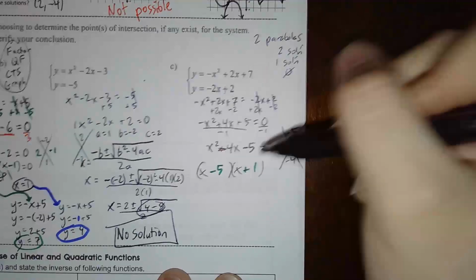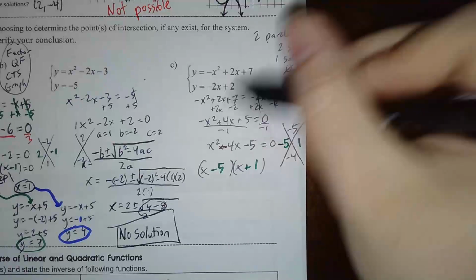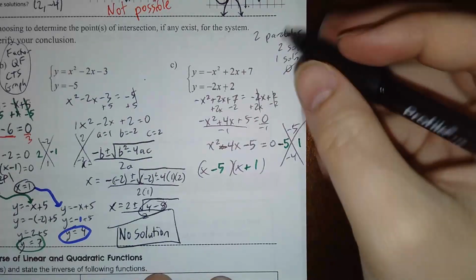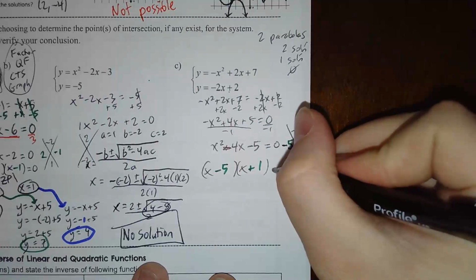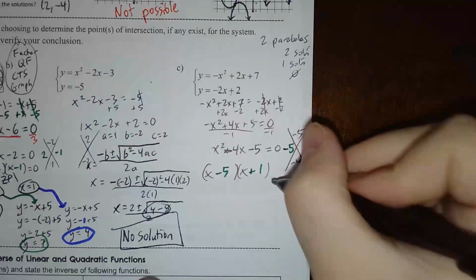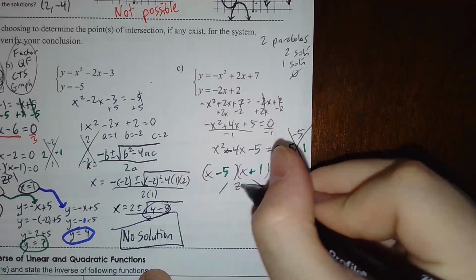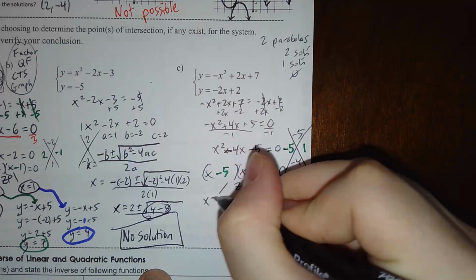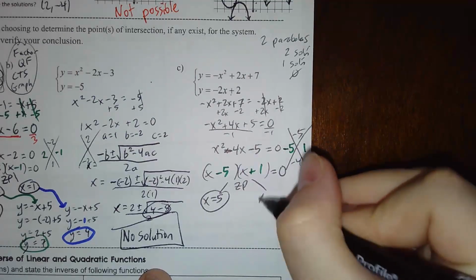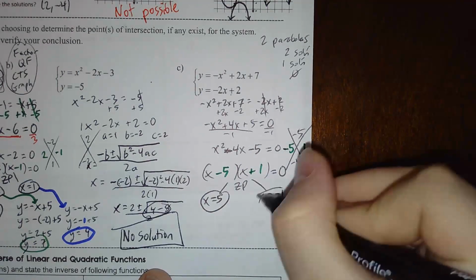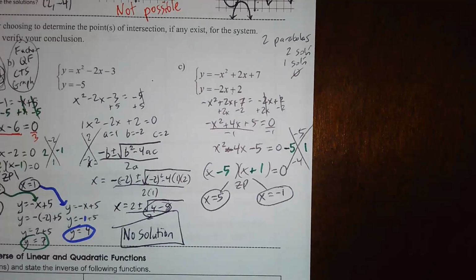Most of the equations that you're getting on the test are going to be similar to this, where it's factorable and you're going to get pretty much 2 answers. Sometimes it's possible to get 1 answer as well, but in this case we're going to have 2 answers. So our first solution is x equals 5. Our second solution is x equals -1 just by switching the signs.